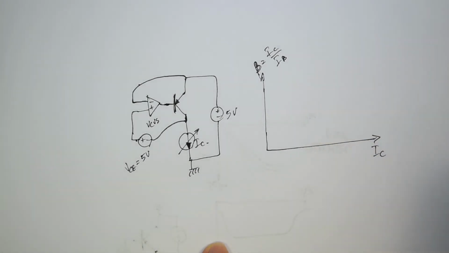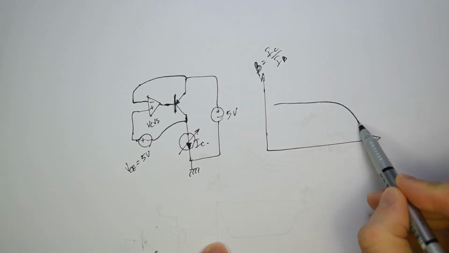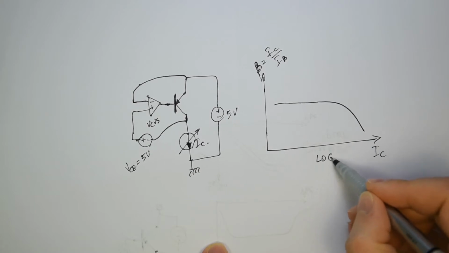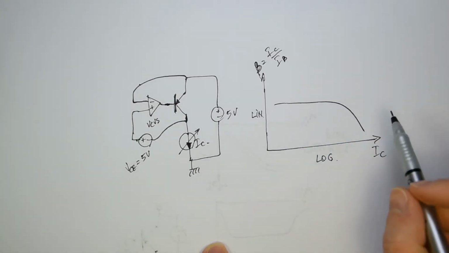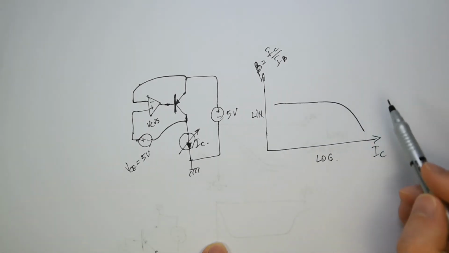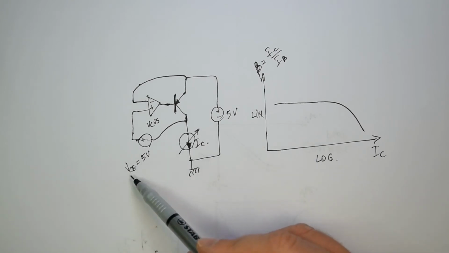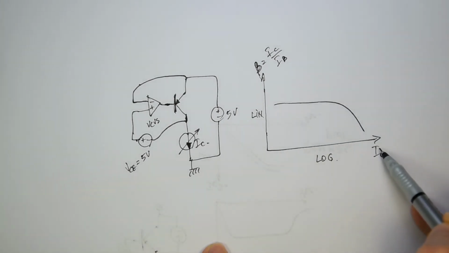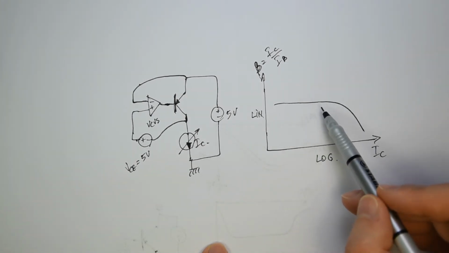Now, if you plot this, you obtain something like this. It's flat and then it's dropping. Of course, this is a logarithmic, while this one is linear. Again, you have the plateau, so you have to be sure that for a certain collector to emitter voltage and for a certain collector current, you are on the plateau, so means the beta is constant.